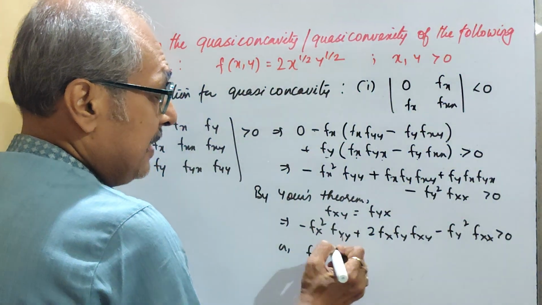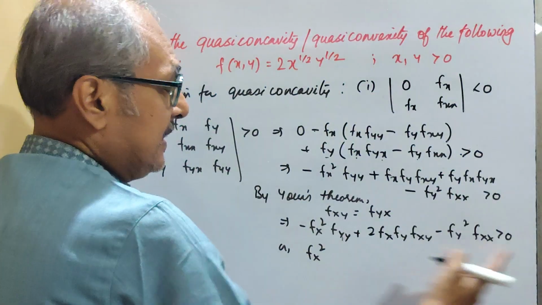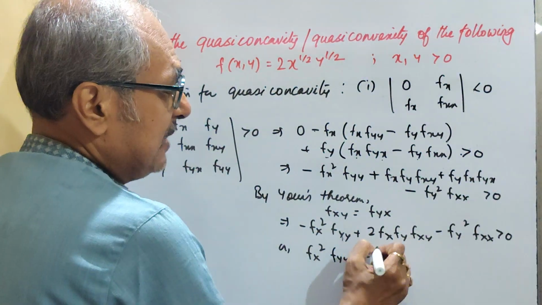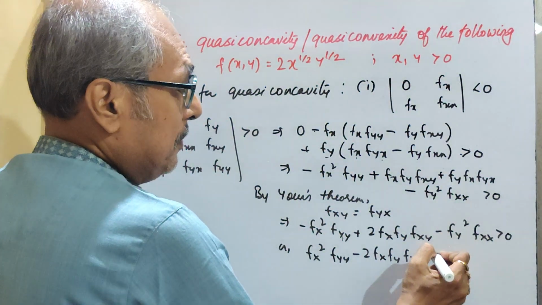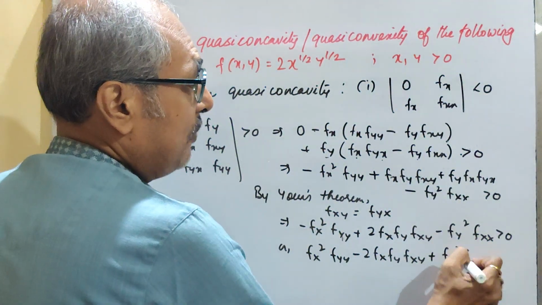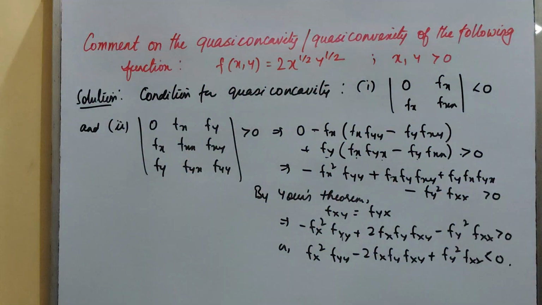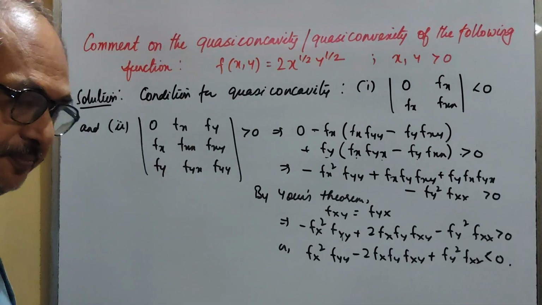Or if we are taking all values on the right hand side, therefore fxx fy square minus 2 fx fy fxy plus fyy fx square, which is negative. These are the two conditions for quasi-concavity. We have to verify these conditions for this function.